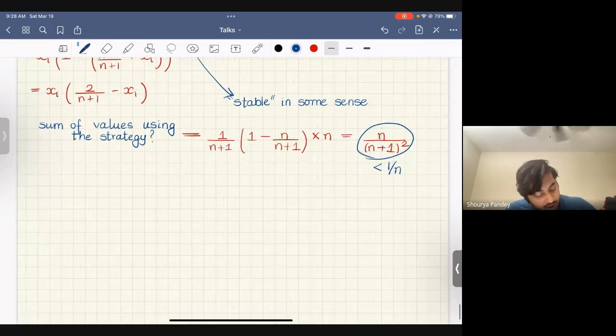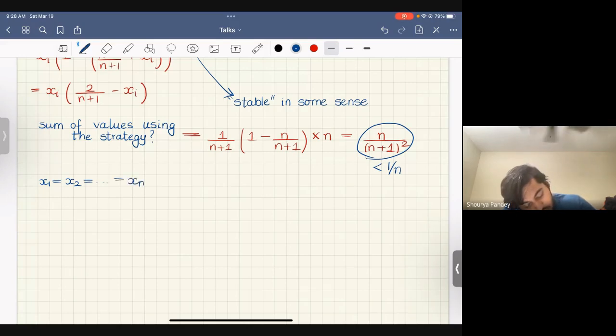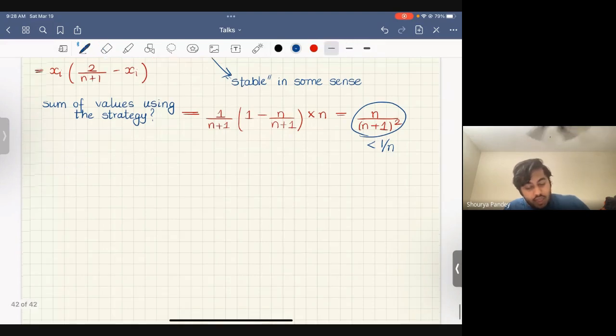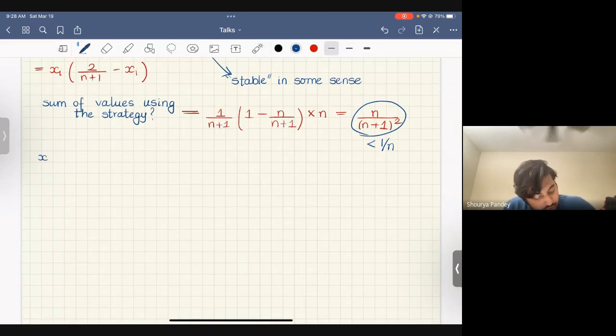Think about the strategy that someone recommended in the chat, which is to use 1 over 2n. In fact, for any given x1, x2 up to xn such that their sum is less than 1, let me call vi as xi times 1 minus s, where s is the total sum.